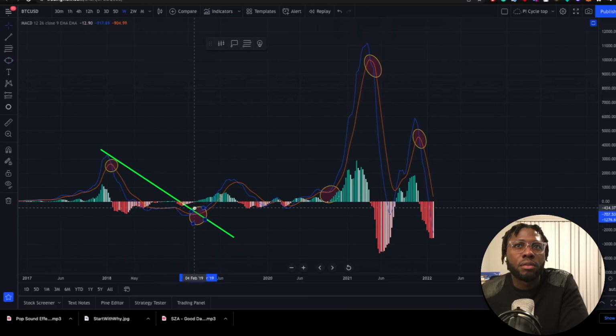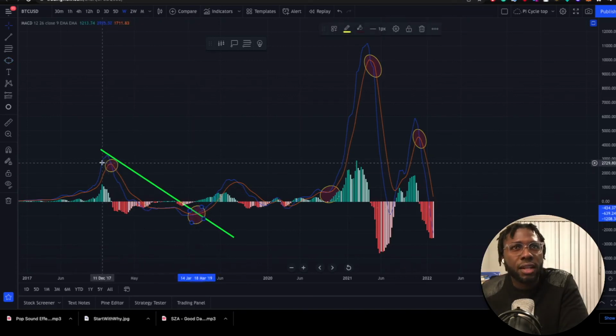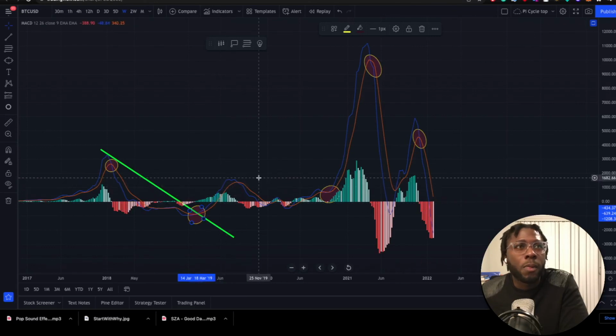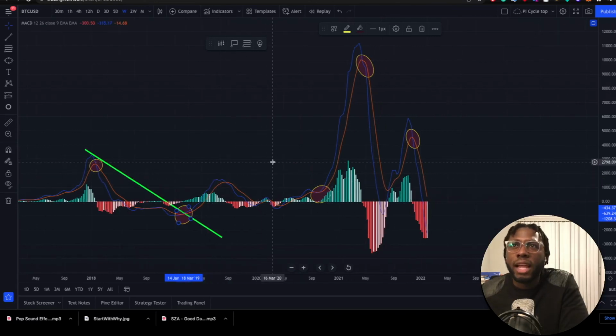Not perfect, but you can see that we had a cross there. The market went down. When we had this cross, we got the green light to enter. Market went back up. So it's a lagging indicator, but it kind of lets us know that we don't see any sunshine coming soon.